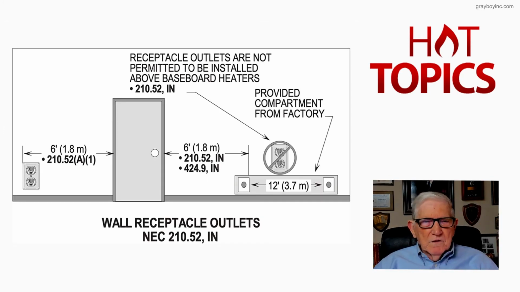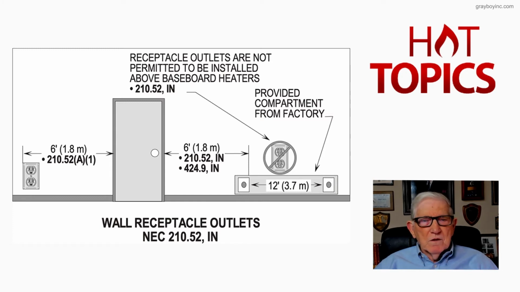Now let's look at this figure 10-8 that's still dealing with wall receptacle outlets, and it's in accordance with the informational note to 210.52. Now notice the door, starting at the left, you would want a receptacle within 6 foot of the doors you see there, and usually the inspector will go along with the framing over to the outside of the receptacle.